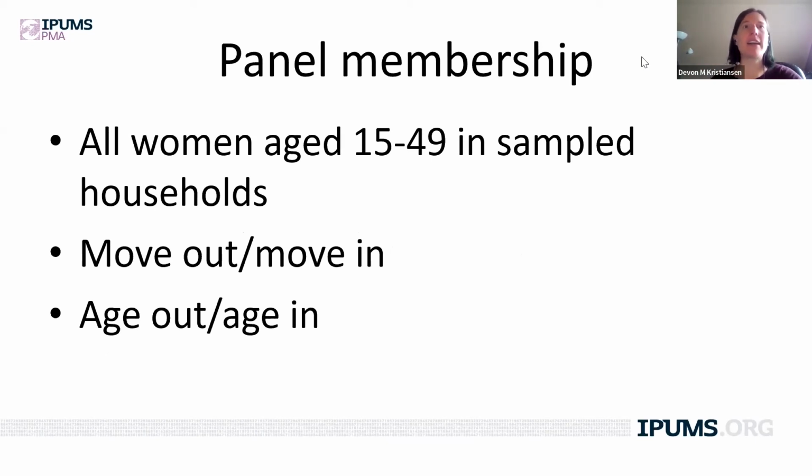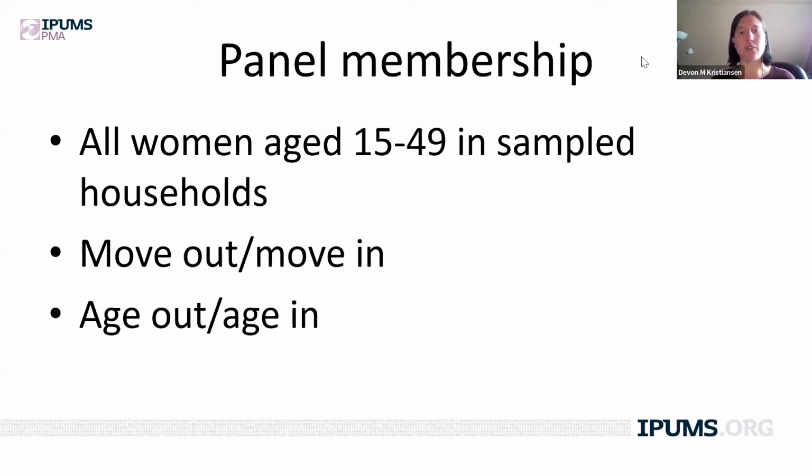So what I mean by an open panel is that women in sampled households who age in, so if they were age 14 in the first phase, but they turn 15 between the phases, they are then surveyed once they become of age. And then when they age out of the sample, they're no longer interviewed with that female survey.